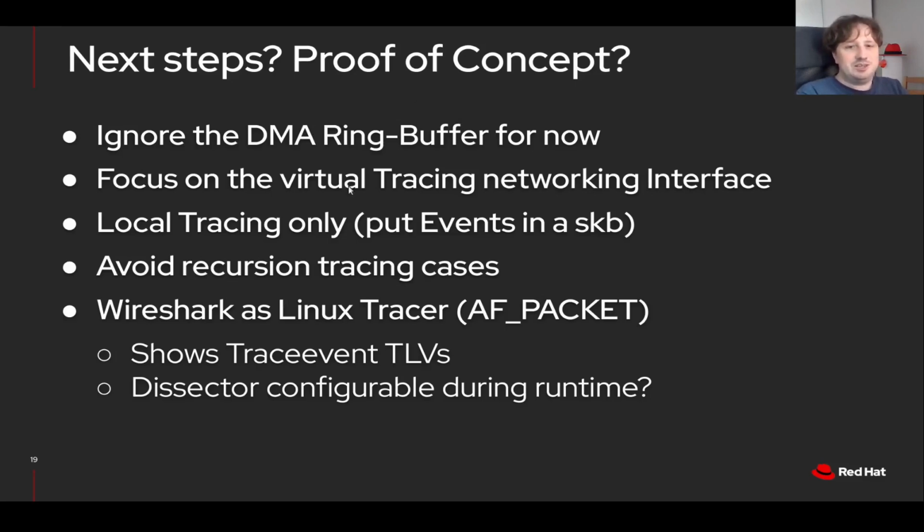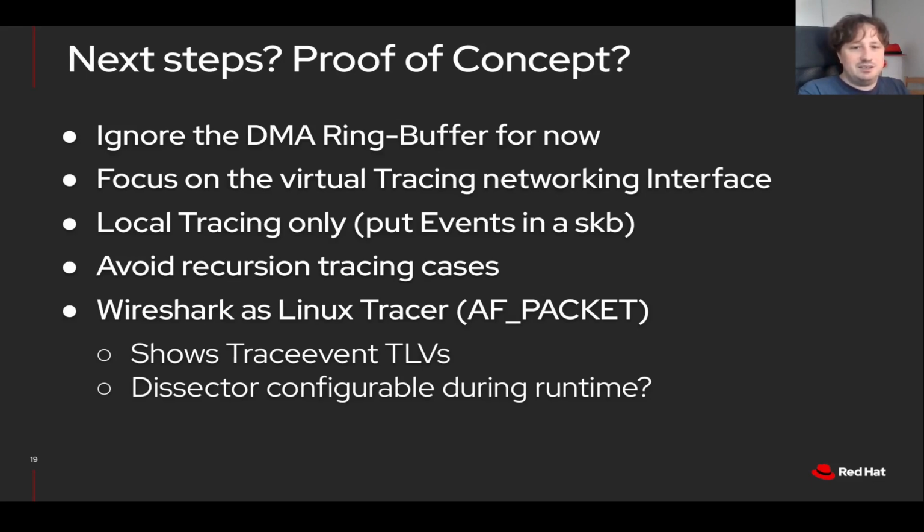I just want to have a virtual networking interface and a local tracing example that I wrote here, that puts trace events in a socket buffer, and then this socket buffer is received by the virtual tracing interface.